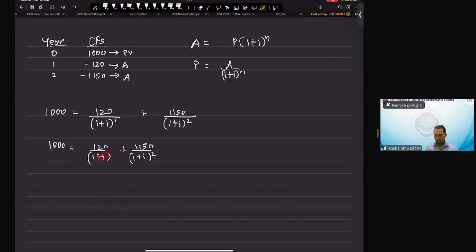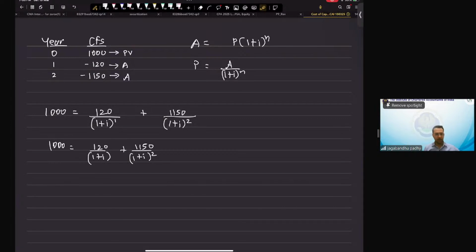Now, ultimately, our objective is to calculate this I. Can you solve this and give me the value of I, guys? Because whatever I you are going to get, that's the rate of return. That's the cost of capital we are talking about. Give it a try, guys.